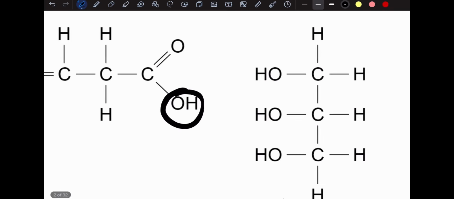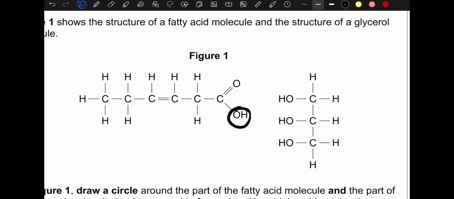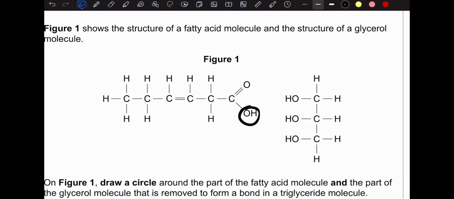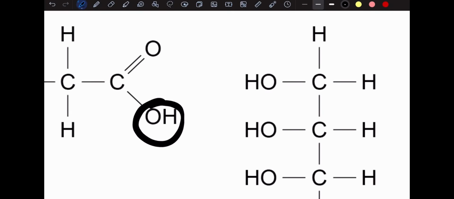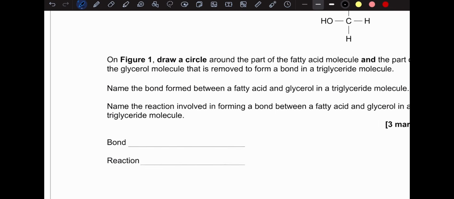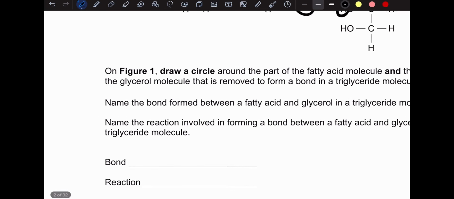And now for the H, one OH from this fatty acid can't react with all three of these exposed ones in our glycerol, so we're going to pick one of them. I'll pick the middle one, and we're not going to circle the OH, we're going to circle the H only, because that's what's going to take part in this reaction, this specific type of reaction, which we will name very shortly in the next question.